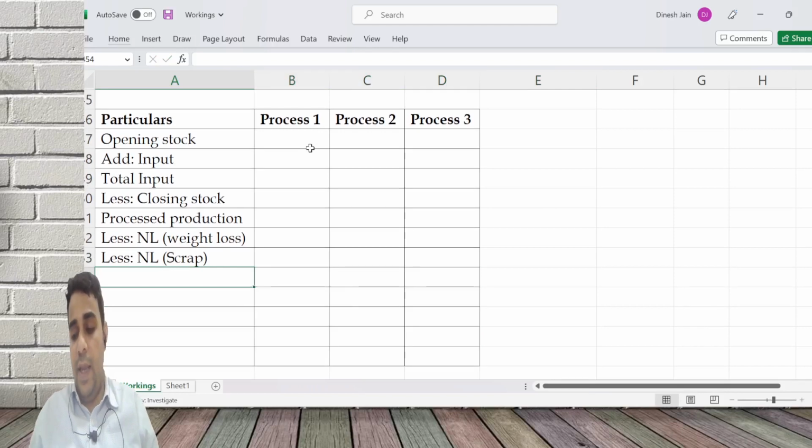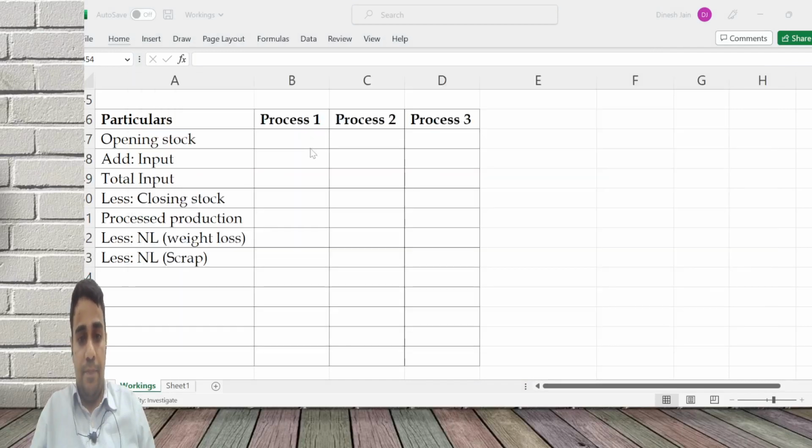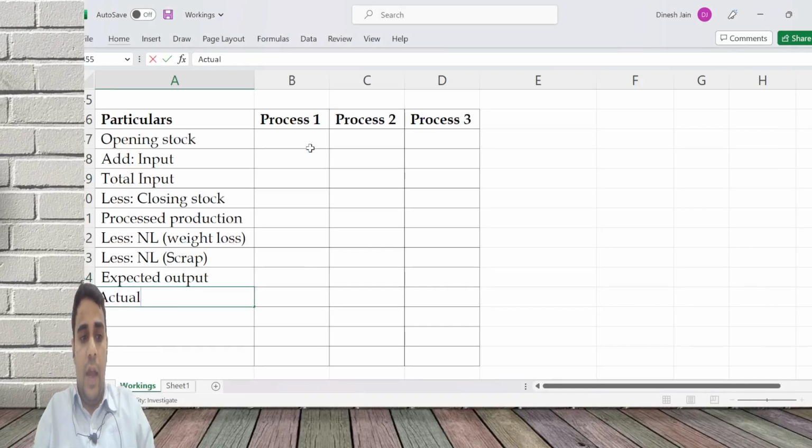This breakup is needed because weight loss has no realizable value, while scrap has a realizable value. Then expected output, actual output. We'll see if there is an abnormal loss again. I'll write it.